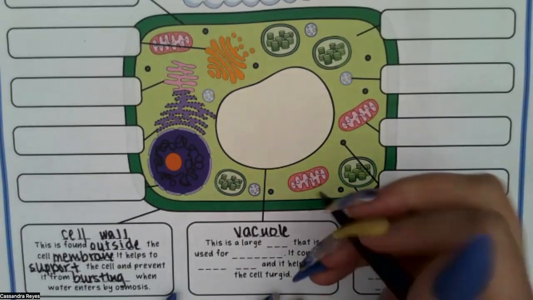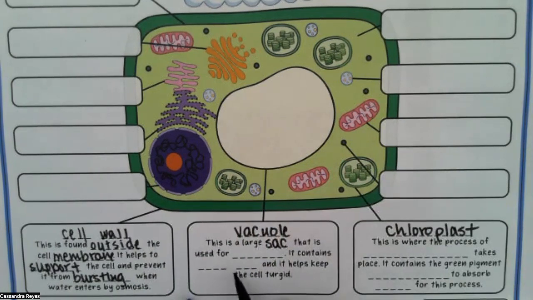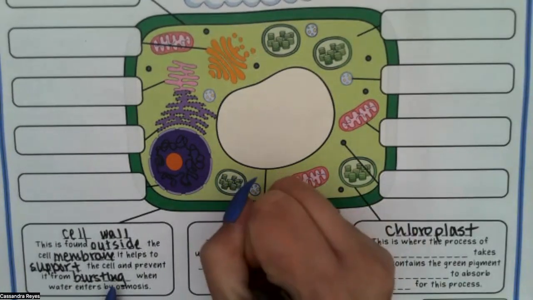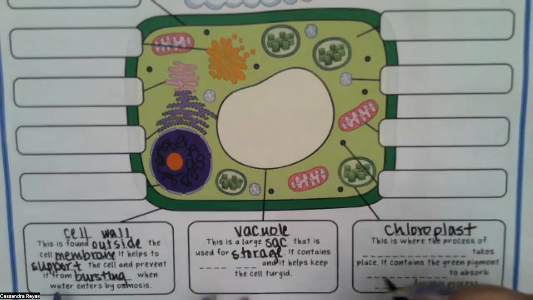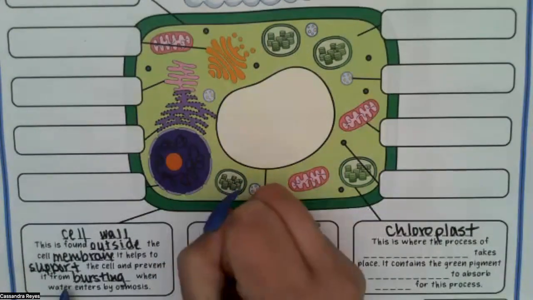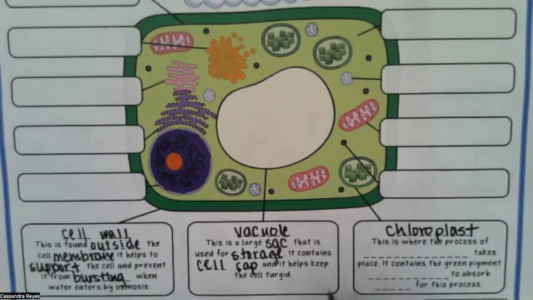Okay, next, the vacuole. So the vacuole is another large sac that is used for storage. It's going to contain the cell sap, like tree sap, and it's going to help to keep the cell turgid.